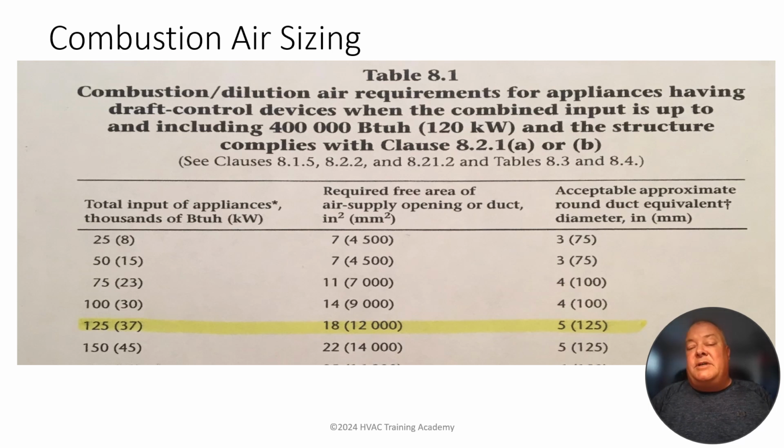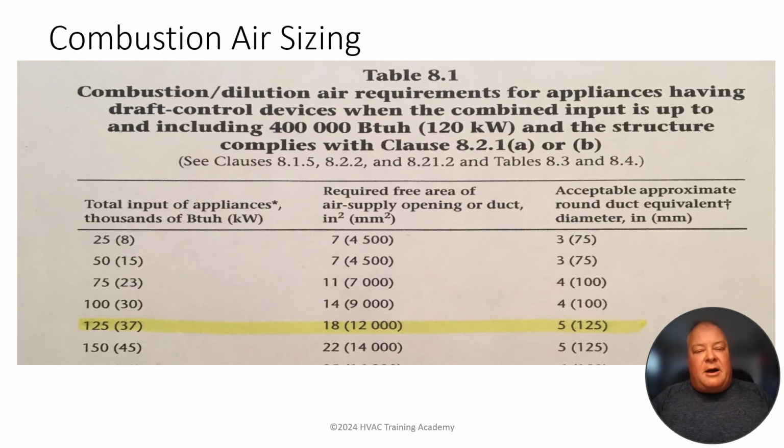Another thing to draw your attention to: if we have a number even a little below or even a lot below 125, let's say we had 102,000 BTUs combined in that space. As soon as we cross 100,000, we're going up to the 125 marker. So if it's at 101, we're going to 125. 110, we're going to 125.